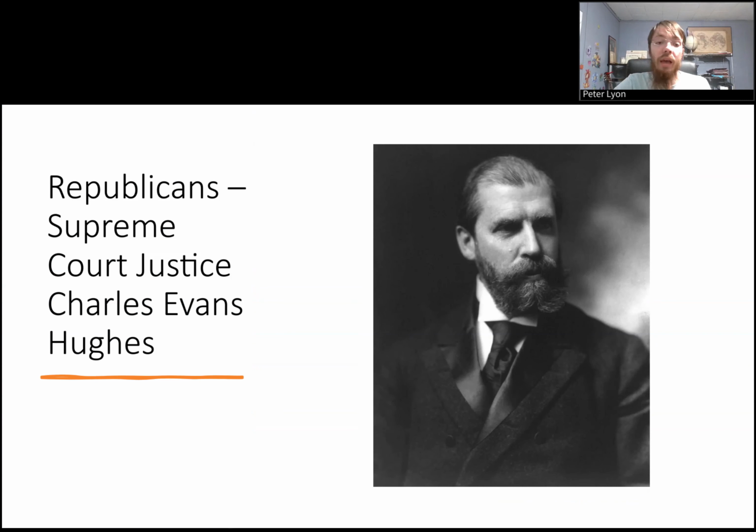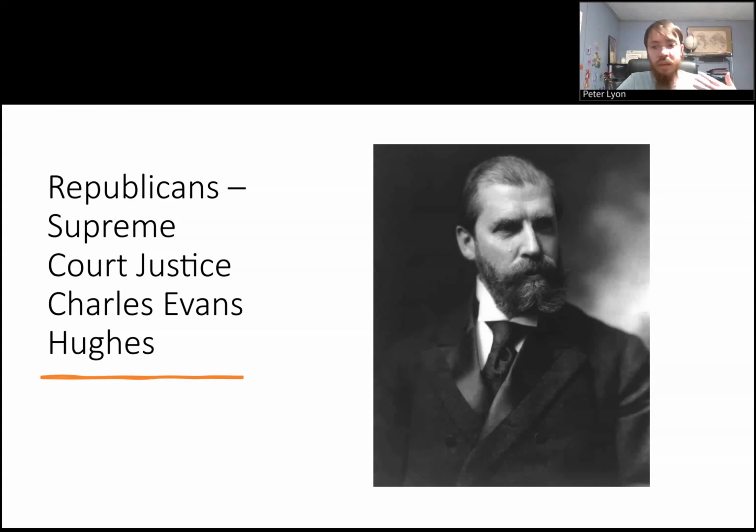President Woodrow Wilson is easily renominated. And in the Republican Party, they have Supreme Court Justice Charles Evans Hughes, who then resigns from the Supreme Court to run for president because he doesn't want there to be this tie of politics there. After he loses, he will later be made Chief Justice of the Supreme Court and get back on it. Now, Wilson knows that last time he only won because of the split vote.